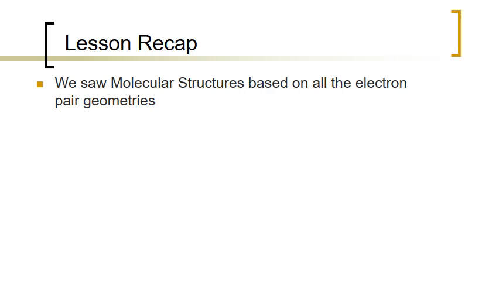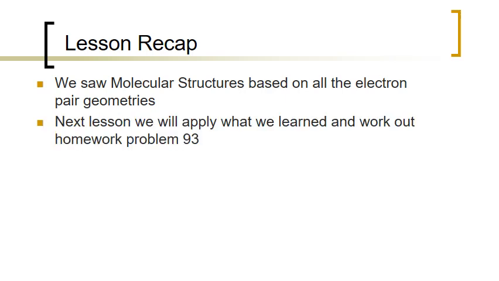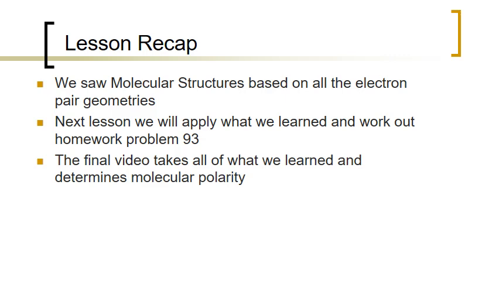So we saw molecular structures based on all the electron pair geometries. Next video, we'll apply what we learned and work homework problem number 93. So the final video, we'll talk about polarity, taking all that we learned.